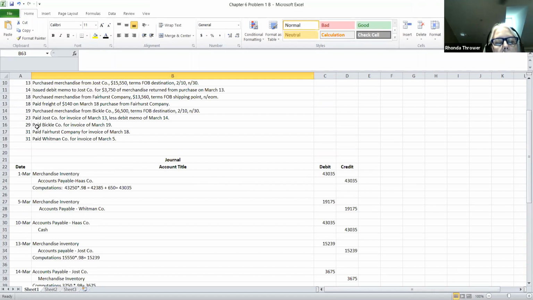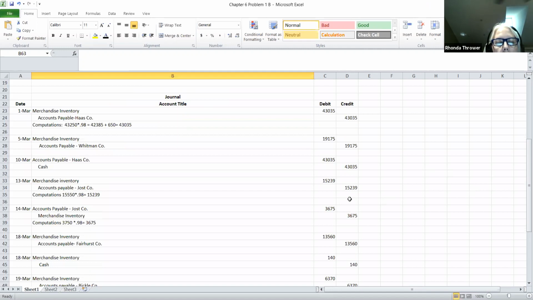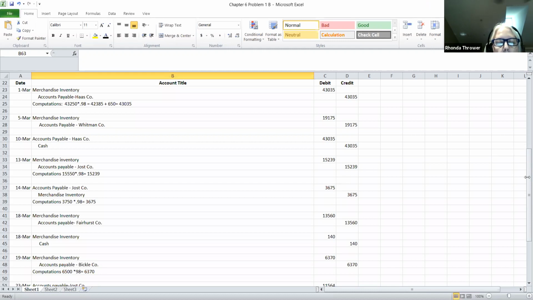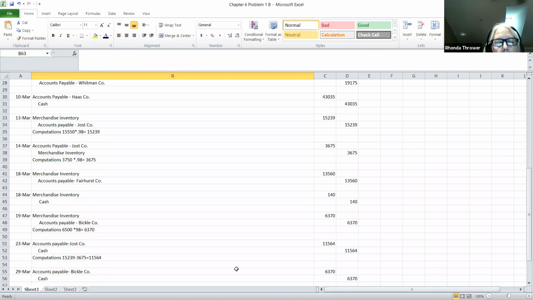On the 23rd, we paid the Joss Company for the invoice of March 13th, less what we returned from the debit memo on March the 14th. So this one is going to take into consideration March 13th and the 14th. Notice that the accounts payable was credited on March 13th for the amount we purchased, and then we debited it for the return of that merchandise. So the difference between these is the amount that we owe to the Joss Company.